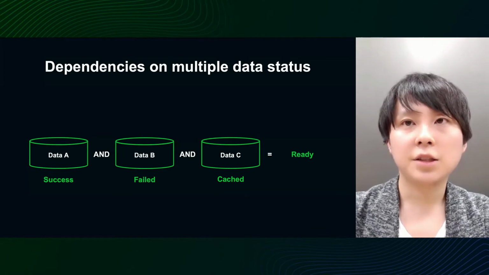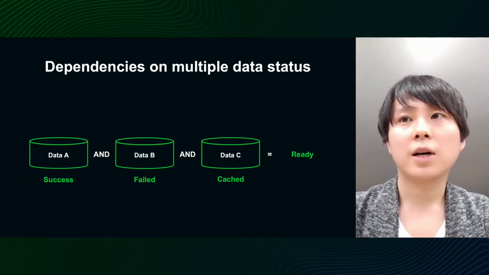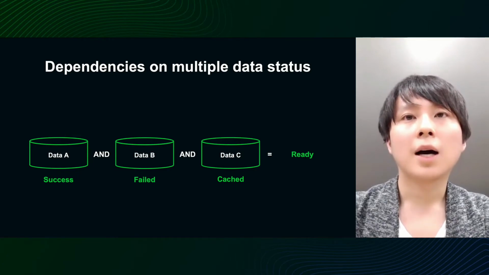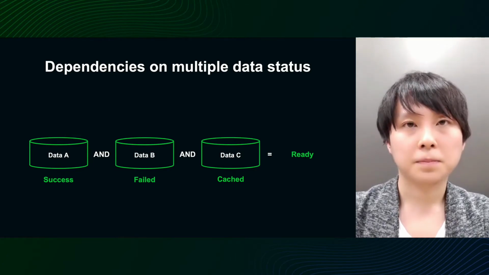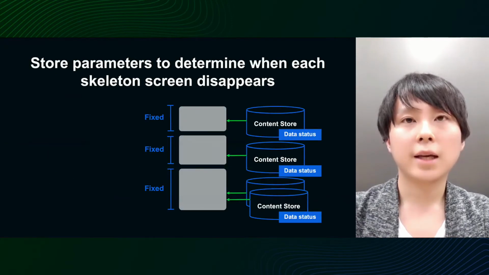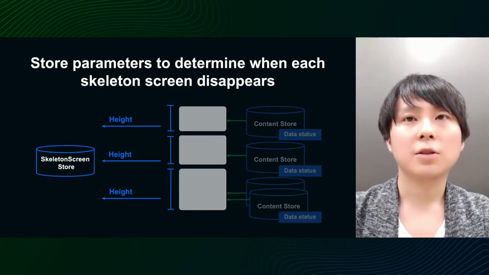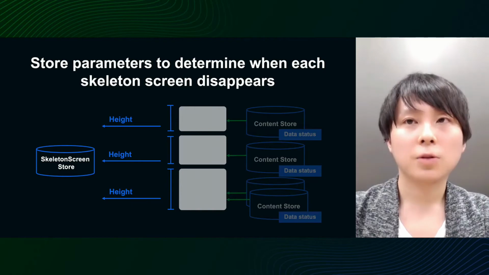When all the dependent data is confirmed, the content is ready to be drawn, and its height is determined. In this way, each component receives its own data, and the data status draws it and displays it on the screen.